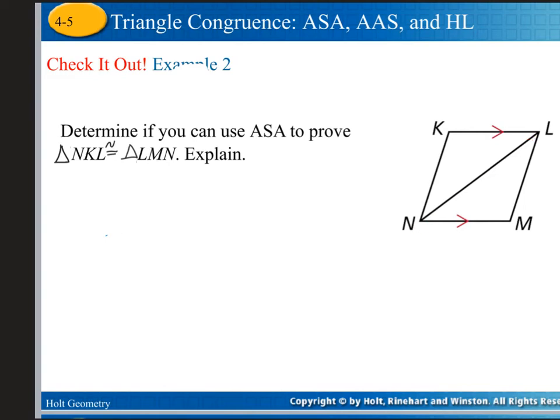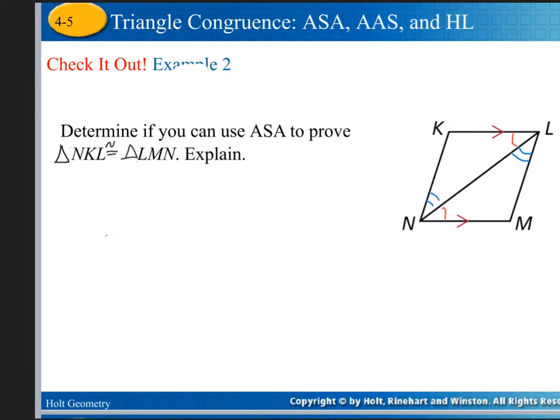I'm going to know that this angle right here, KLN, is going to be congruent to MNL because those are alternate interior angles. I also know by that same reasoning that angle MLN is going to be congruent to angle KNL because that's also alternate interior.